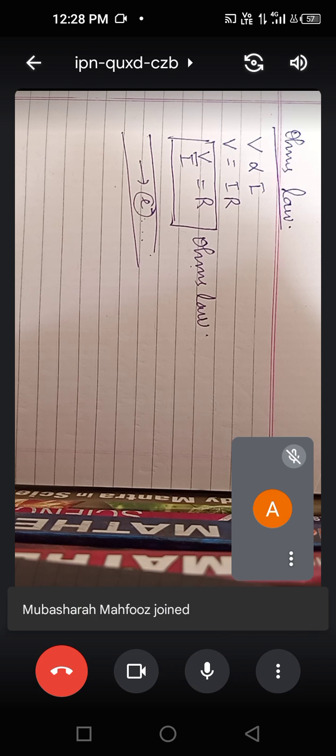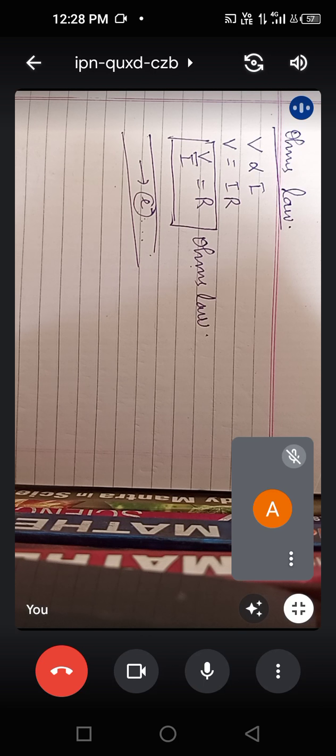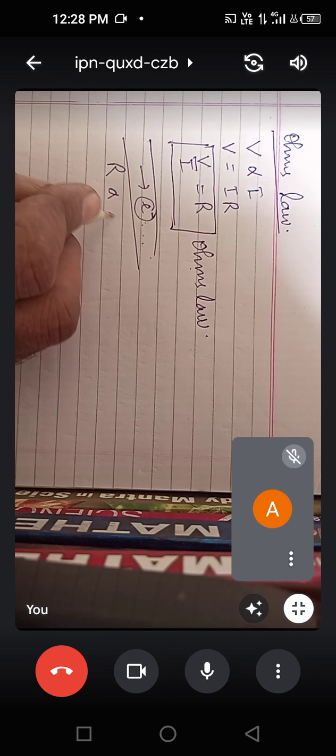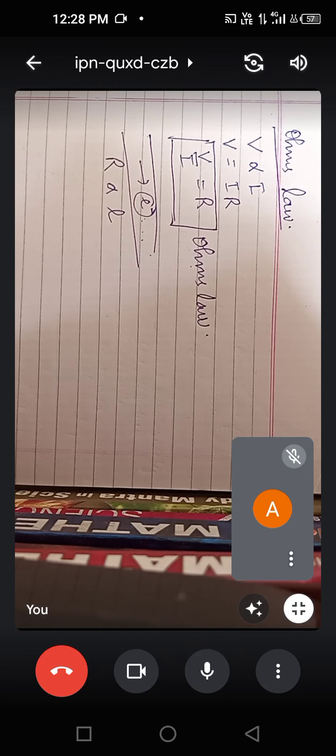Now this obstruction or resistance is created by the material medium, and the resistance of a wire depends directly on the length of the conductor. The more the length, the more the resistance; less length, less resistance.